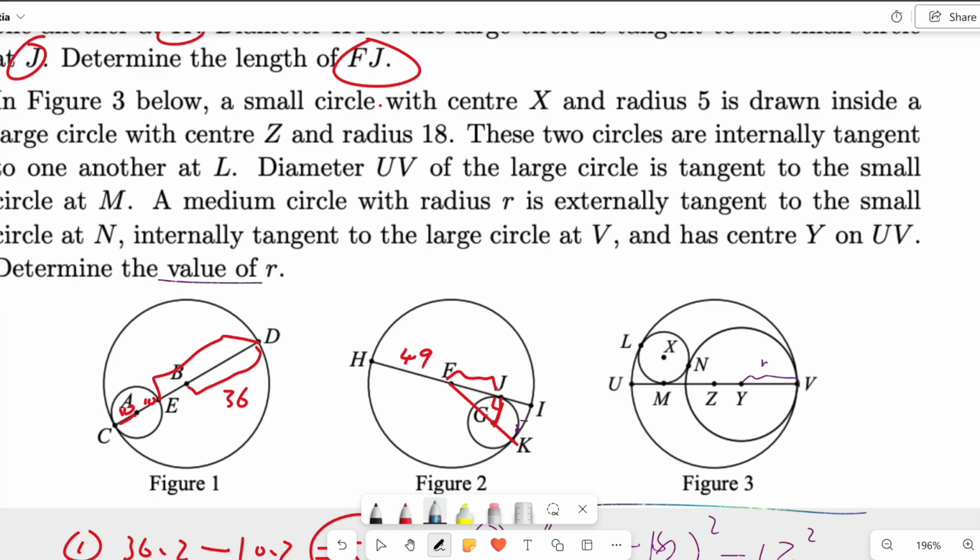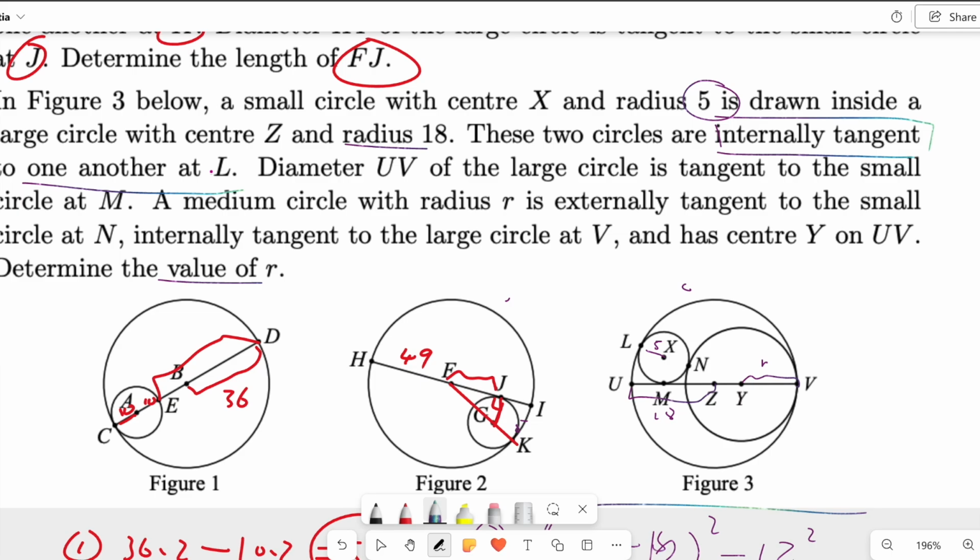A small circle with center X and radius 5 is drawn inside the large circle with center Z and radius 18. So this is 18, and this is 5. These two circles are internally tangent to one another at L. Since we see the internal tangency, we know there might be some similarity between question 2-1 and question 3-1.